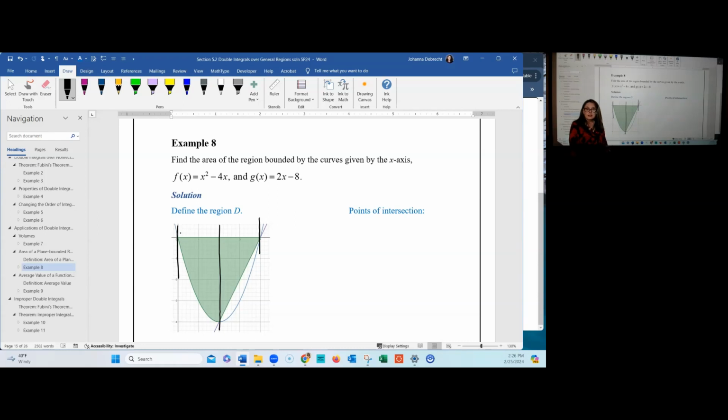What about working this as a type 2? If we do a type 2, do we have different y values? Do we have different curves on the left and on the right? When we're looking at this particular one, let's envision this as a type 2 by drawing horizontal lines that bound the region and where we change which curve is on the left and which is on the right.